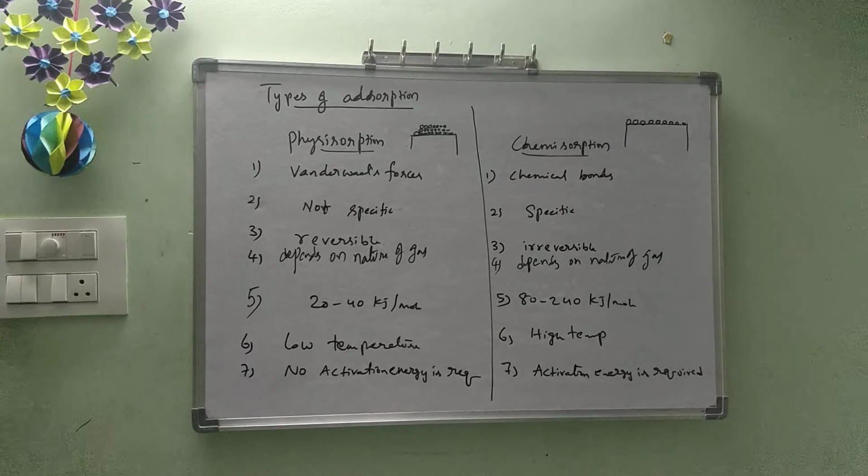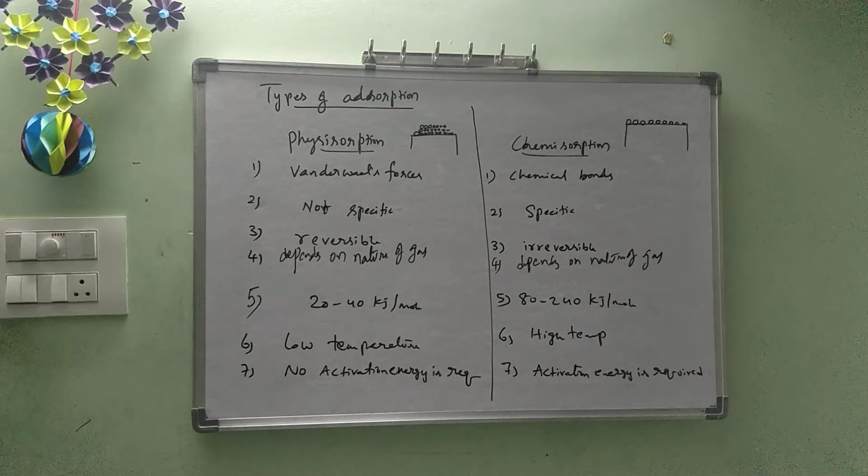Physisorption is suitable at low temperature. When we increase the temperature, physisorption decreases. Chemisorption is suitable at high temperature and increases with increase in temperature. Seventh one, no activation energy is required for physisorption. For chemisorption, activation energy is required.